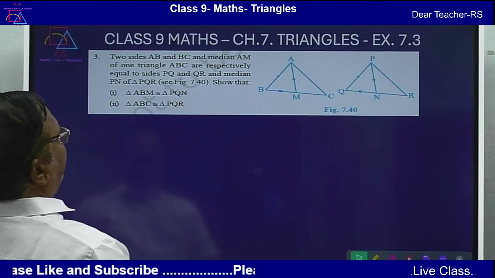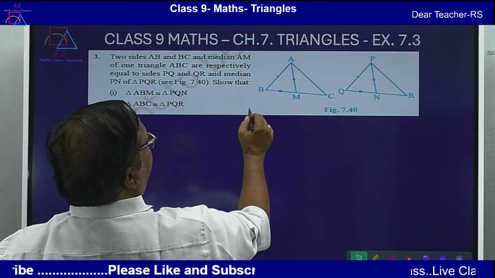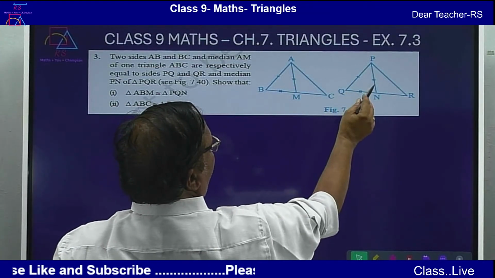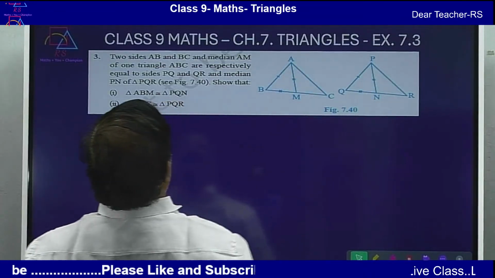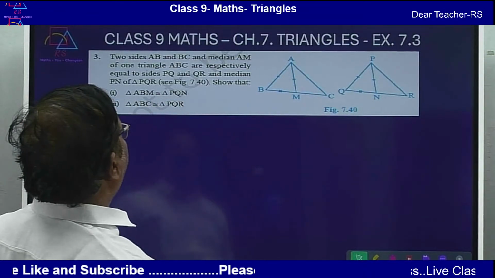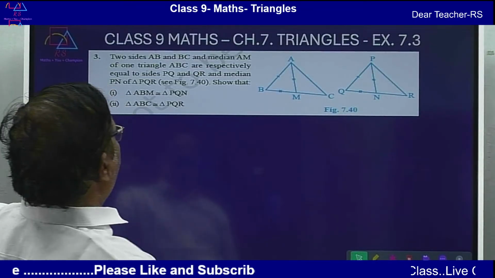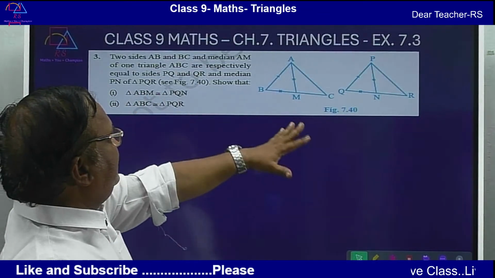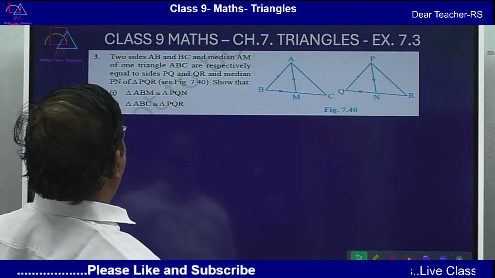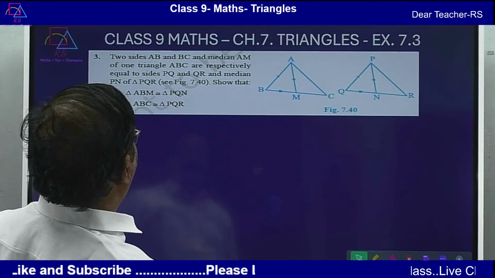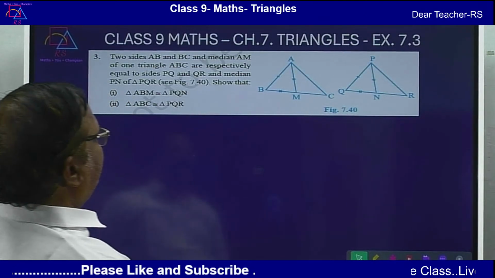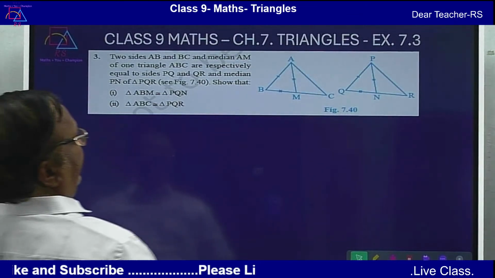Two sides AB and BC and median AM of one triangle are respectively equal to the other triangle. Then ABM is congruent to PQN and ABC is congruent to PQR.